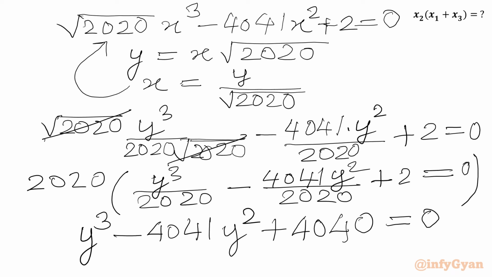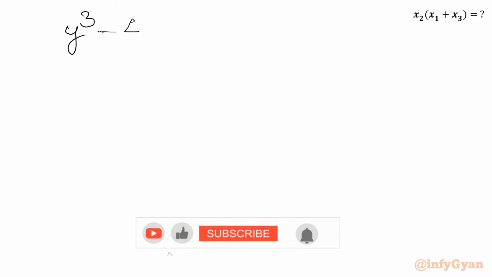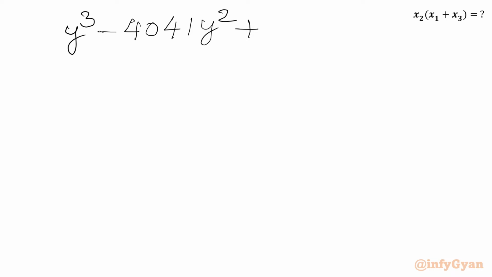Now we have to solve this cubic equation. If I simply add the coefficients, I am getting one real root. Let me write the equation here. y cube minus 4041 y square plus 4040 equal to 0.